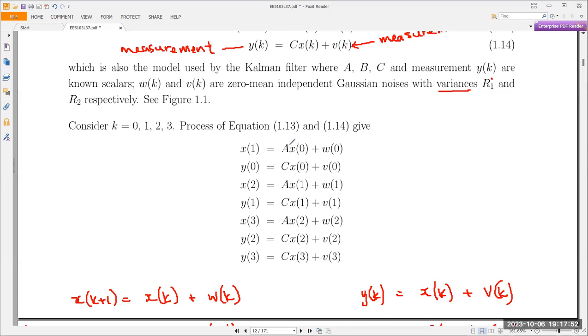In my example, what is the temperature inside your body on day 0, x0? What is the true temperature inside the body on day 1? What is the true temperature inside your body at day 2? Inside your body, what is the true temperature at day 3?